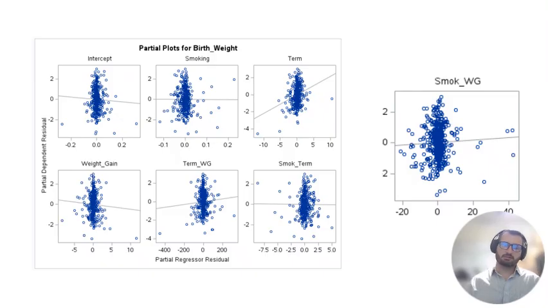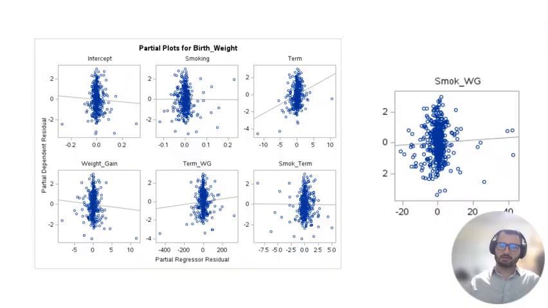So next, we took a look at the partial plots in order to determine if there were any visual depictions of interaction terms between the different parameters. So the plots show kind of a random scatter around the trend line for most of the plots. The trend lines also have a neutral or mild slope. This indicates the effect of term length on birth weight is not very dependent on how much weight the mother gained, and the smoking status was generally negative across everything.